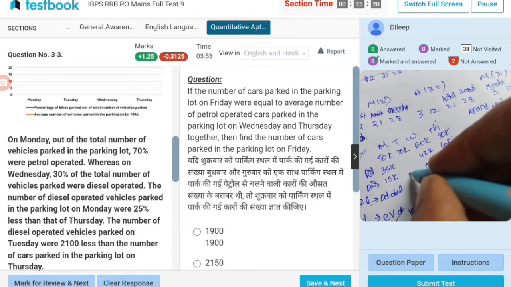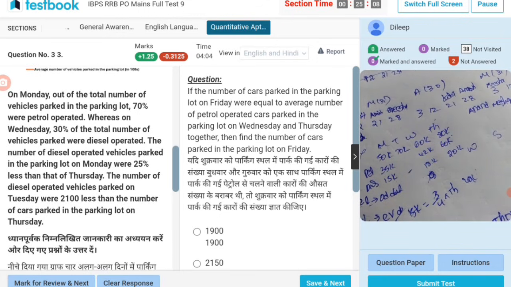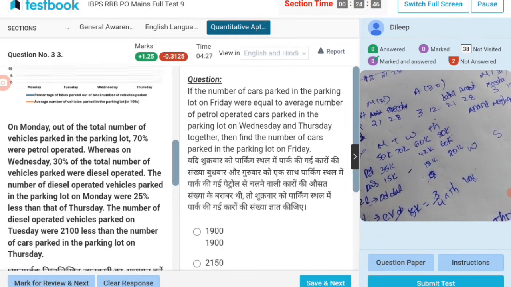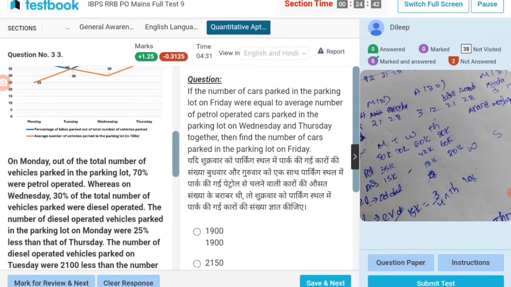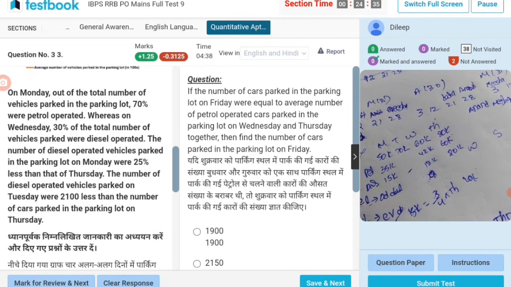Diesel operated vehicles are 2100 less than the cars on Thursday. $44.